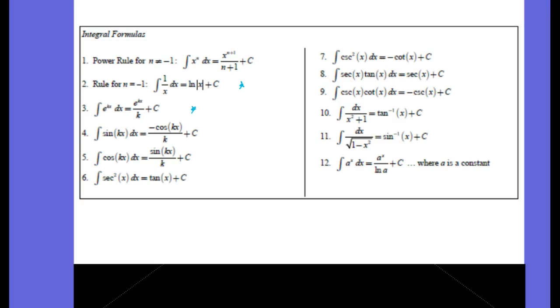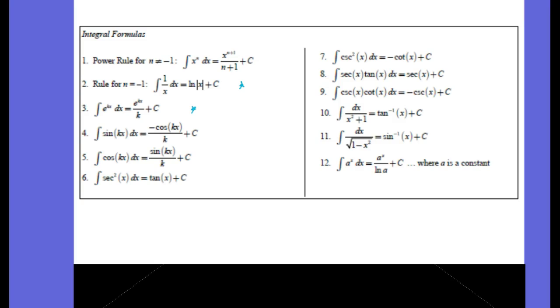And then these ones, we haven't hit on them too much. We're going to see them a little bit in here. The two inverse trig functions that are commonly seen are inverse tan and inverse sine. So inverse tan looks like 1 over x squared plus 1, and inverse sine looks like the square root of 1 minus x squared. And then we have our a to the u, so it's a to the u over ln a.